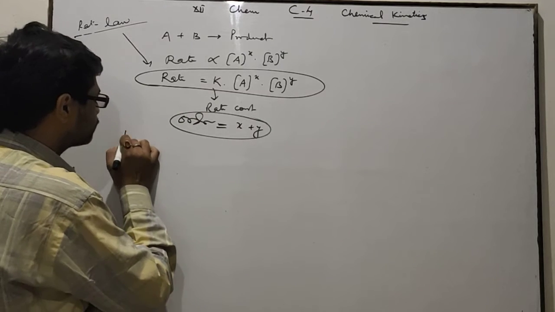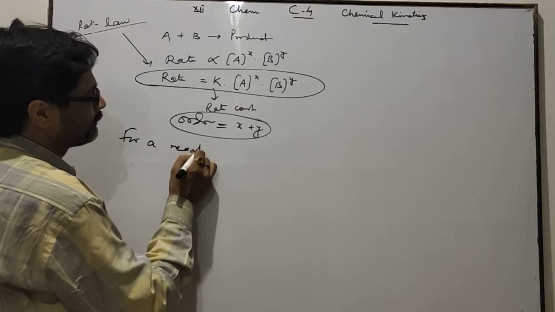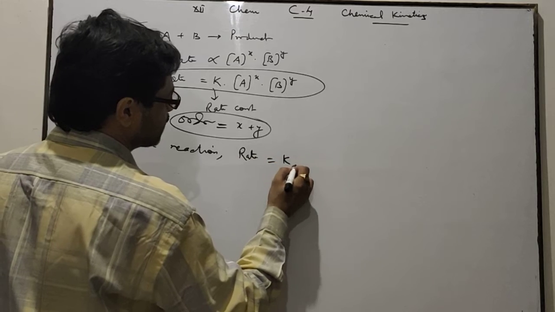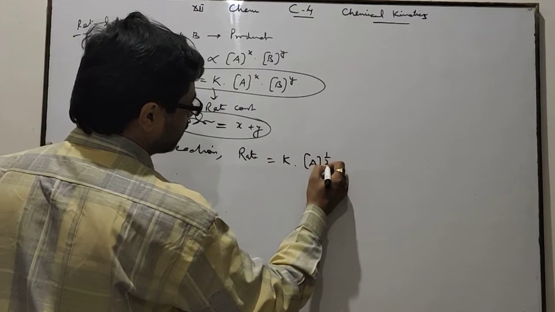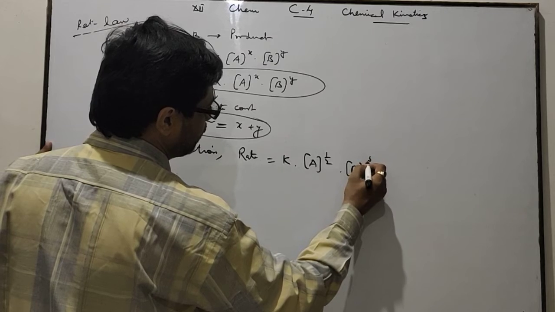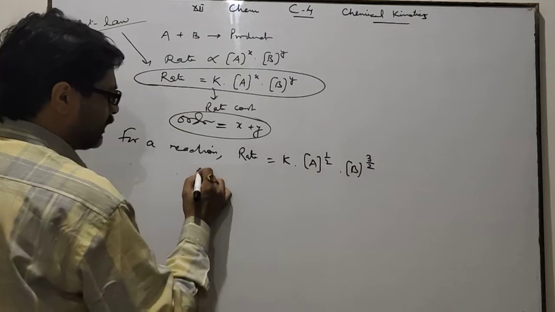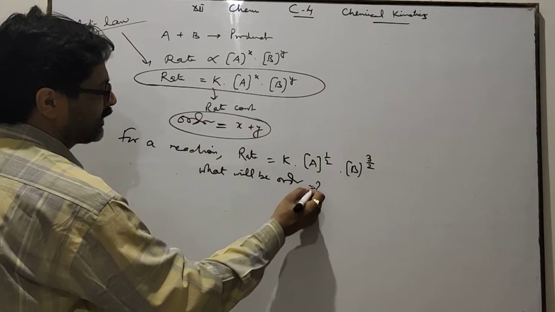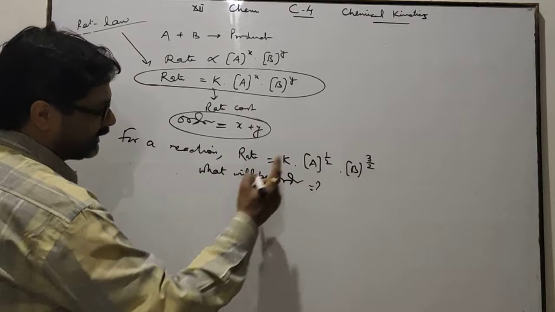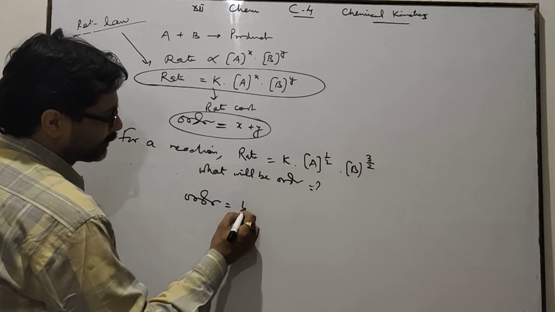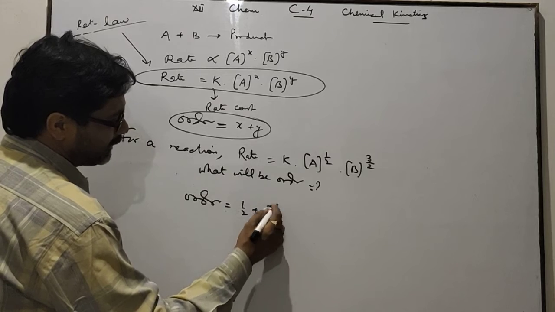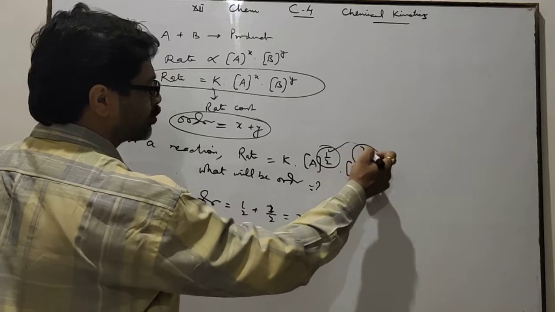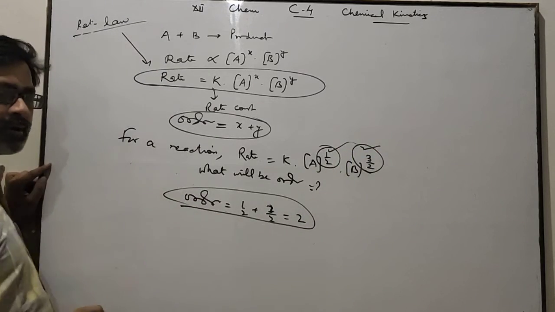Suppose for a reaction the rate law expression is rate equals K, A to the power 1/2, B to the power 3/2. What will be the order? Adding 1/2 plus 3/2, the order becomes 2. By summing up these powers, we can find the order of reaction.